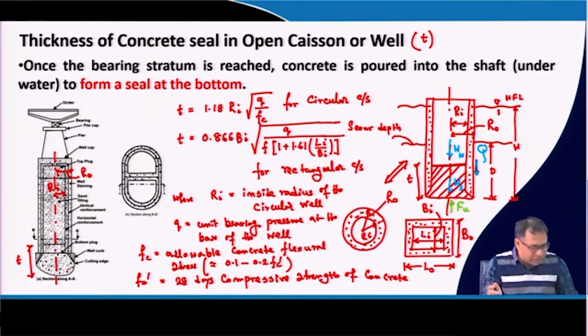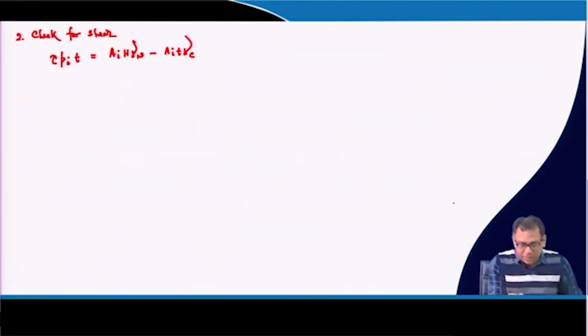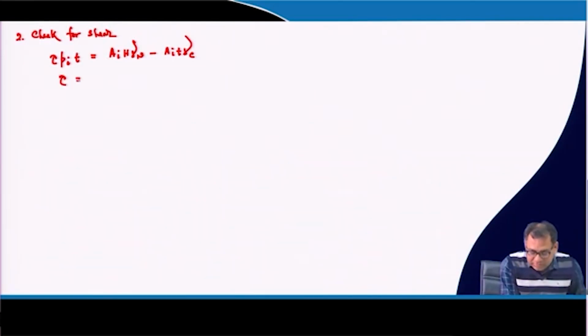So that is equal to the shear stress that is developed. So finally, tau will be the upward force due to the buoyancy minus downward force due to the seal divided by perimeter into thickness. So this is the developed shear stress.